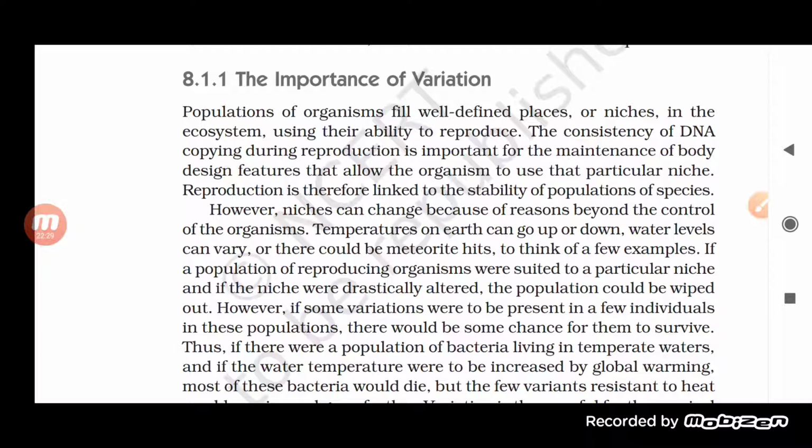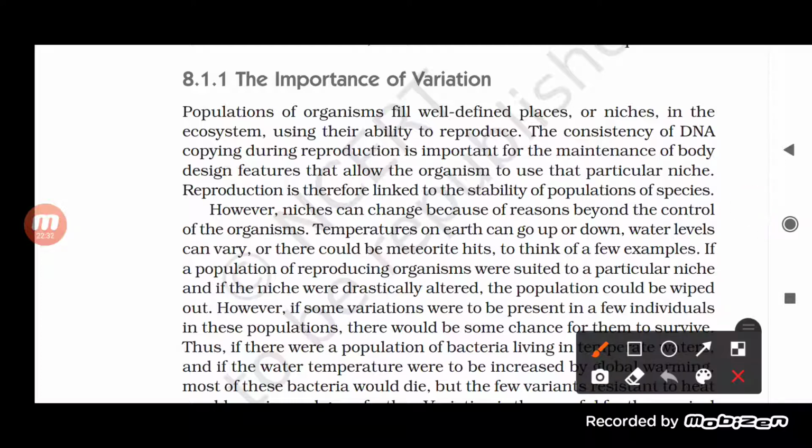Like temperature on the earth. The temperature on the earth can go up and down. Water level can vary. There could be meteorite hits. Lots of examples are there, due to which there is a change in the niches. And all these things are not in our control.